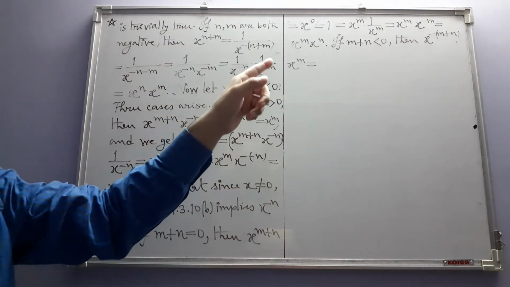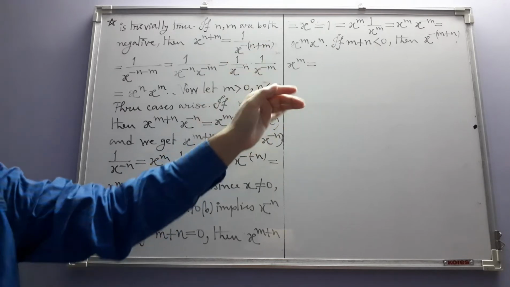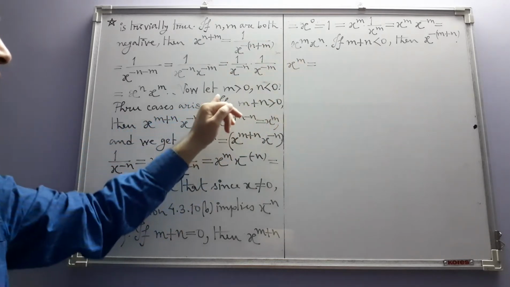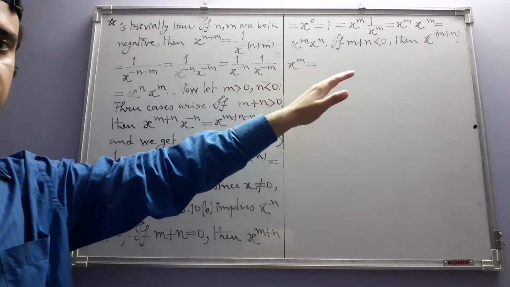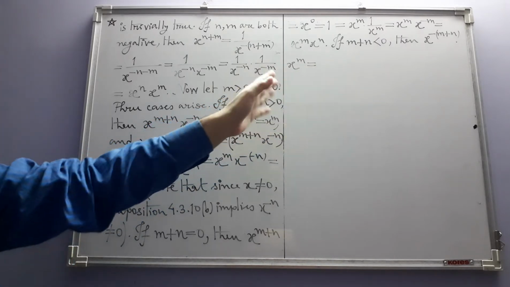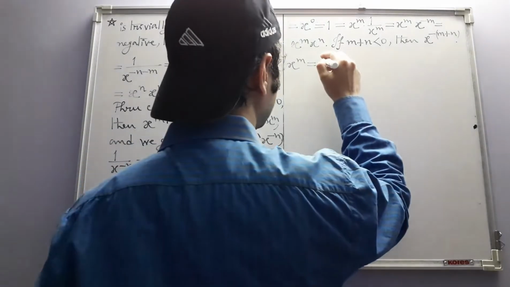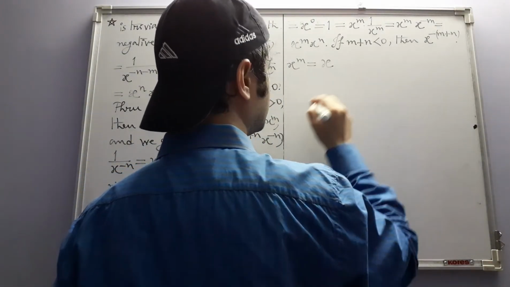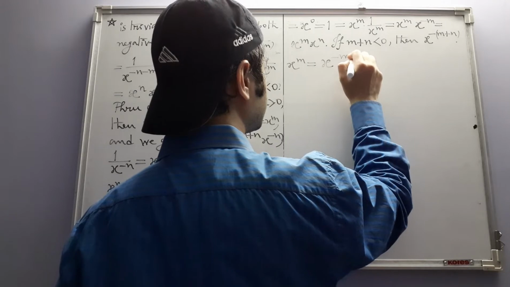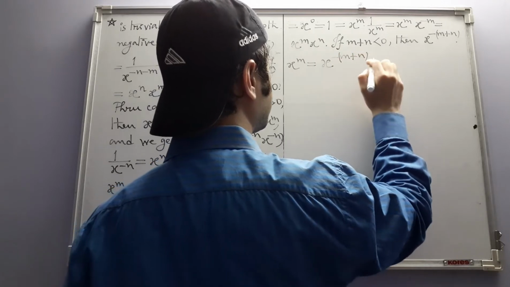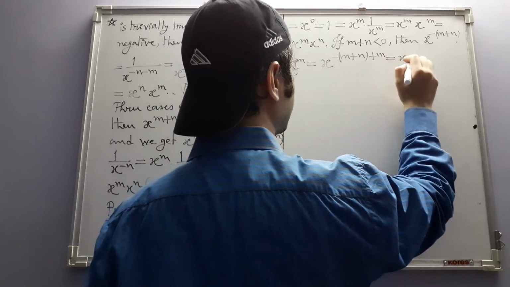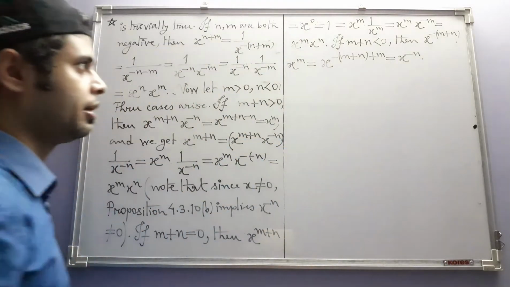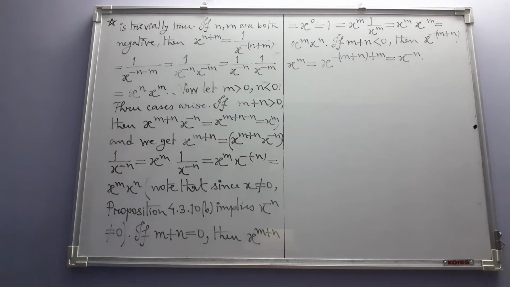M plus n is negative, so minus of m plus n is positive, and m was already positive. So here we can apply proposition 4310 part A, that part of the formula, to write it like this: minus of m plus n plus m, this is equal to x to the power minus n. Okay.